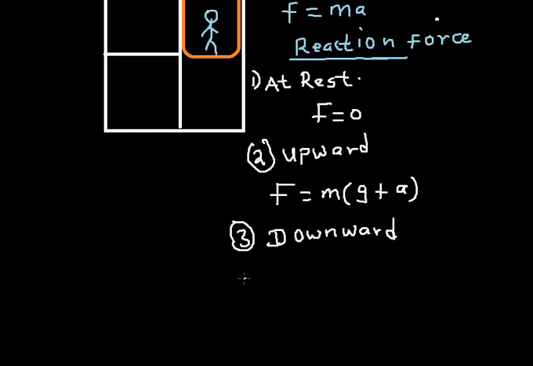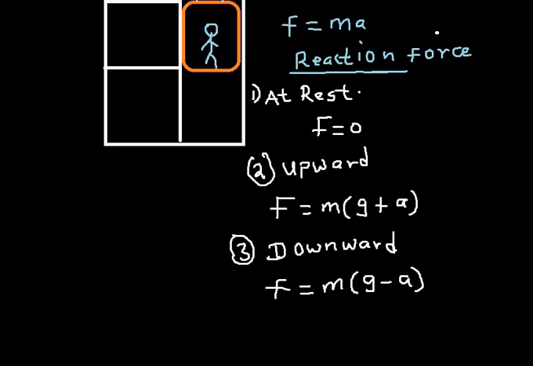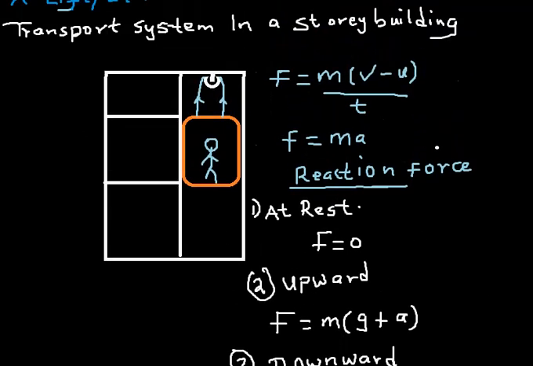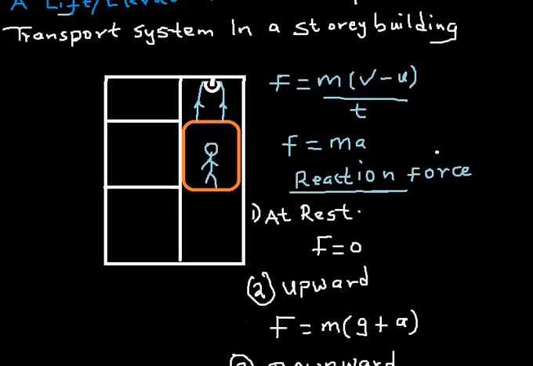At that point, the reaction force on the elevator is going to be mg again, but a will be negative. So please take note of this formula. This is one of the applications of Newton's second law of motion.